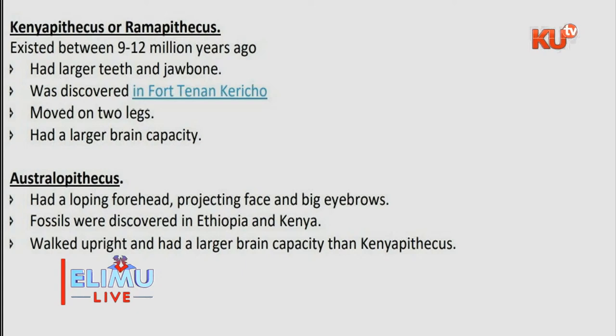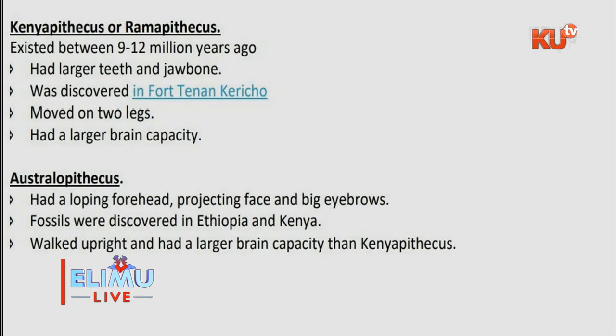Kenyapithecus existed many years ago, from 9 to 12 million years. That was a long time ago. If you look at the characteristics of Kenyapithecus or Ramapithecus, one, he had larger teeth and jawbone compared to Dryopithecus and Aegyptopithecus. Also, he moved on 2 legs, unlike Aegyptopithecus.